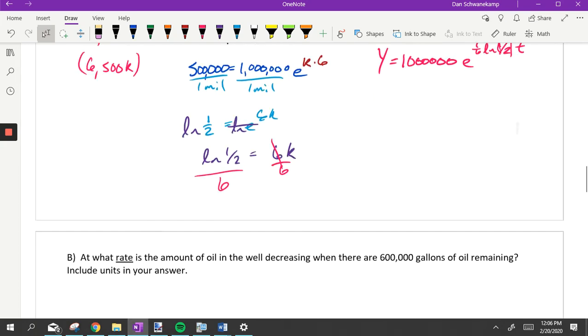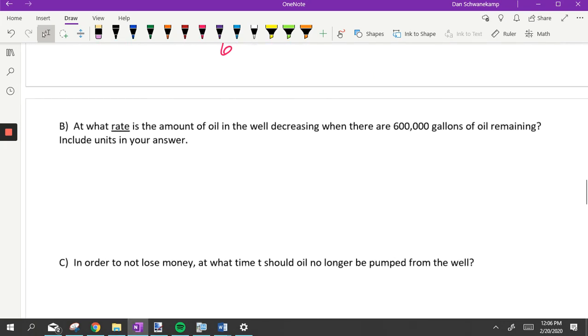Part B is easier. Read part B here. It says, at what rate is the amount of oil in the well decreasing when there are 600,000 gallons of oil remaining? Include units in your answer. At what rate? What am I going to use to figure out what rate I have?